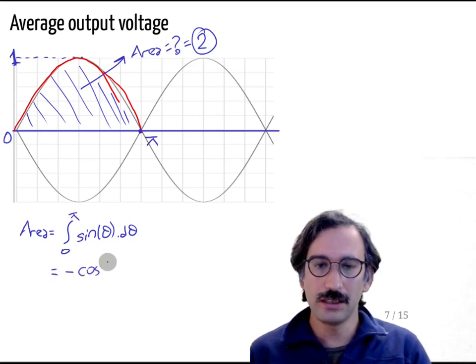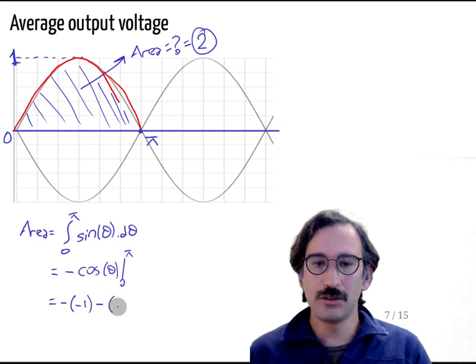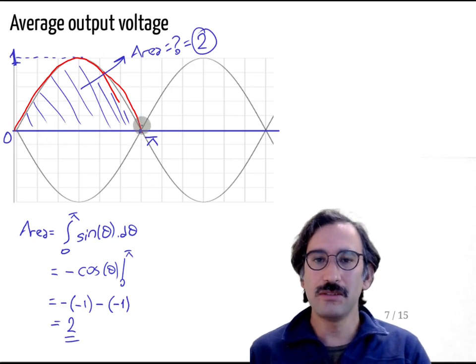Minus cosine π is minus minus 1, which is 1, and minus cosine 0 is minus 1, and that is equal to 2. So if the magnitude is 1, the area under that one sinusoid is 2.